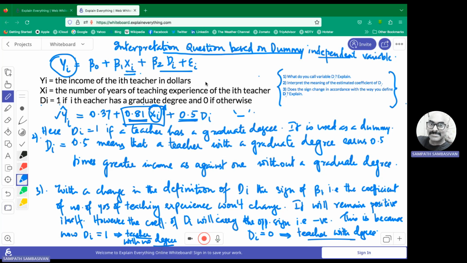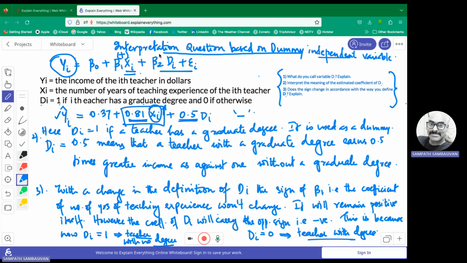If we look for the hypothesized signs, as we have done for the linear probability model, what would be the hypothesized signs of these coefficients? One is number of years of experience. As number of years of experience is increasing, the income is supposed to increase, right?